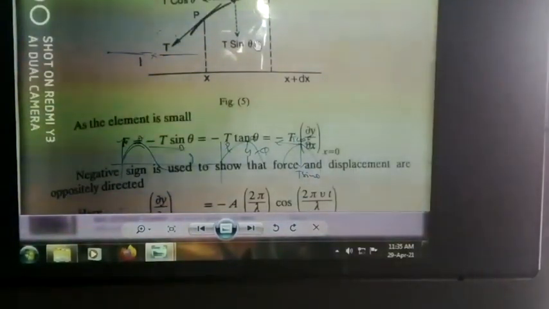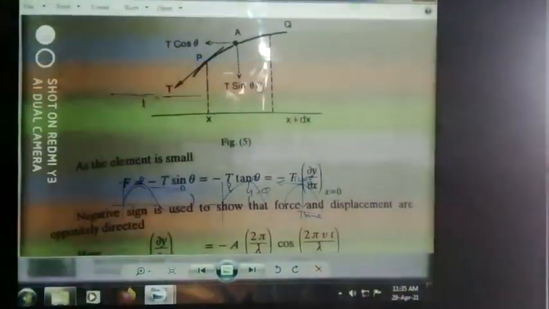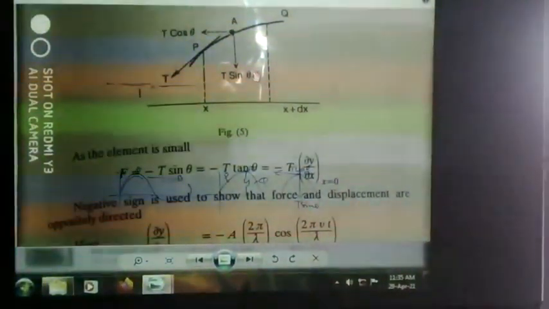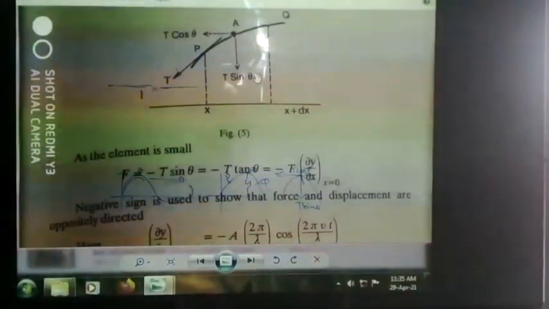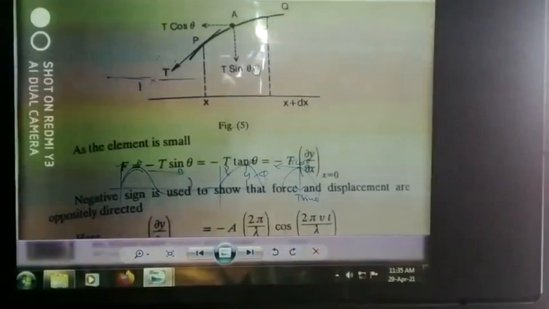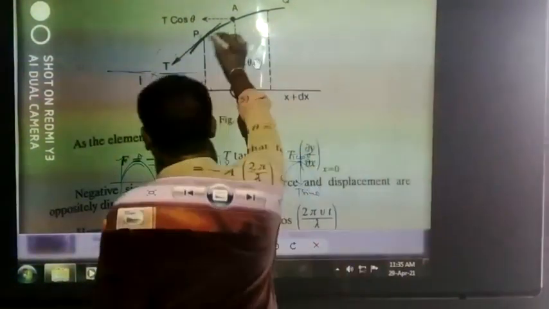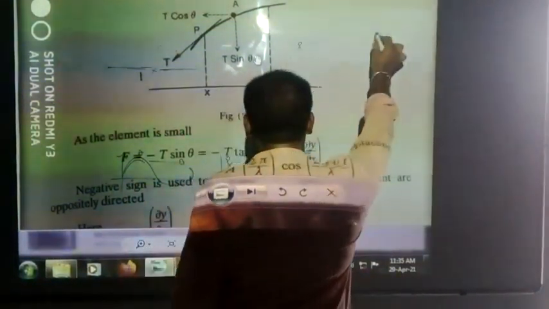Here we have a diagram. We are taking PQ, a small element of the string.